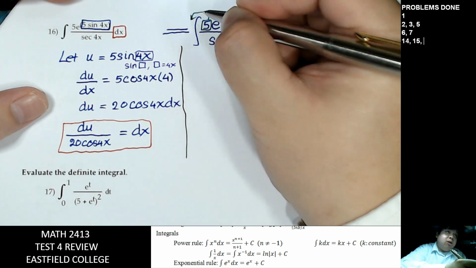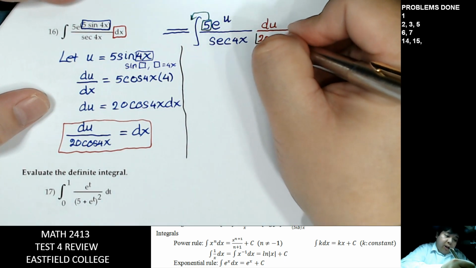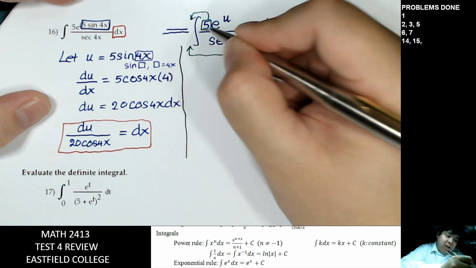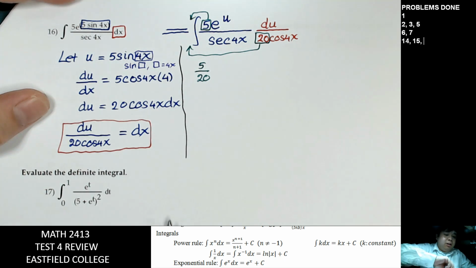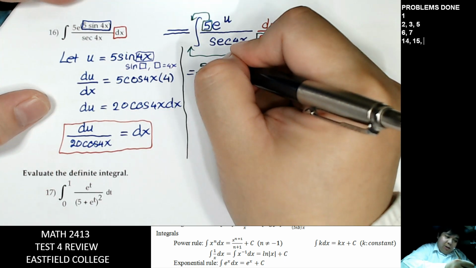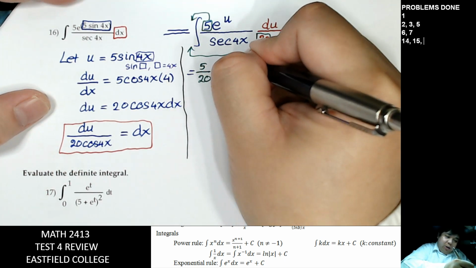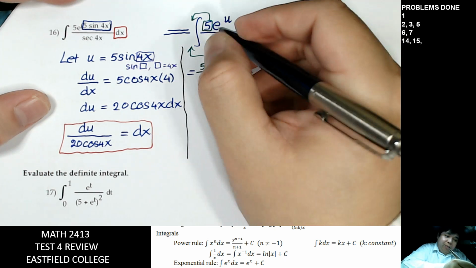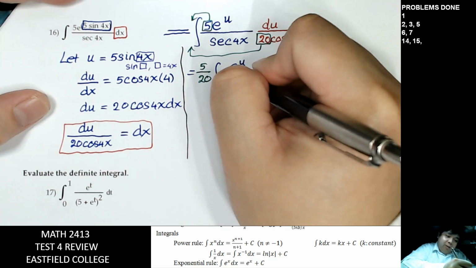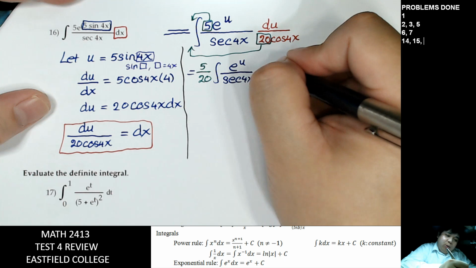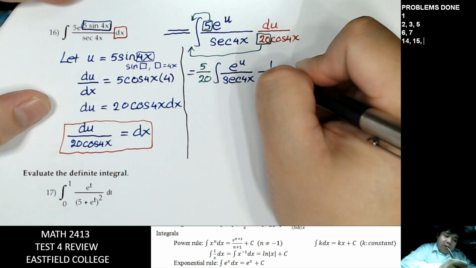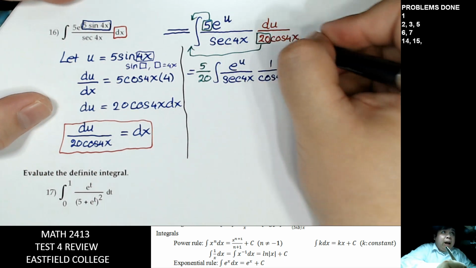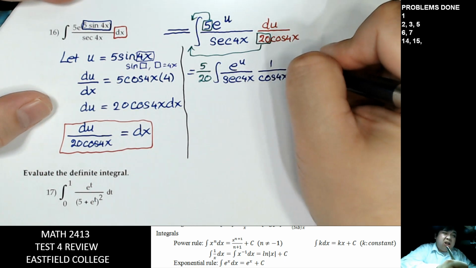Take care of the constant first. 5 and 20 will be 5 over 20, e to the u, secant of 4x. Then we just have 1 over cosine 4x, and I will write du on the side just like I did earlier.